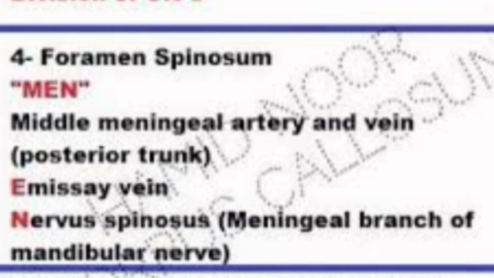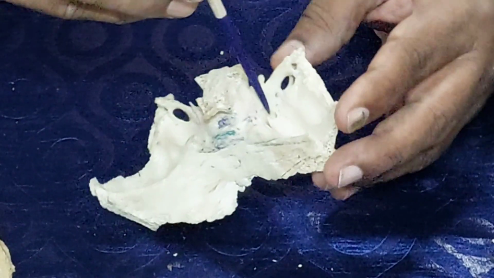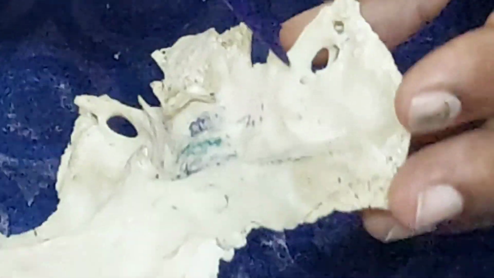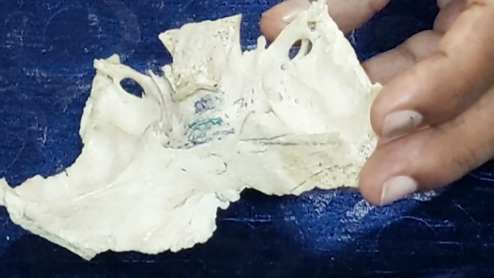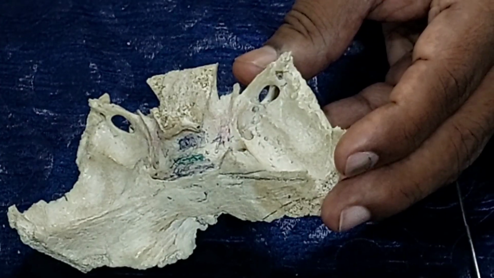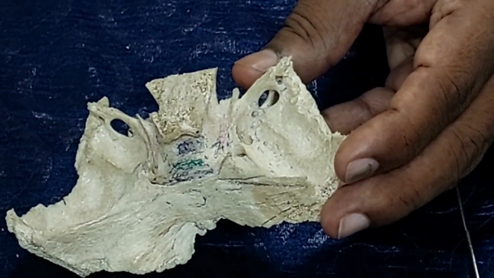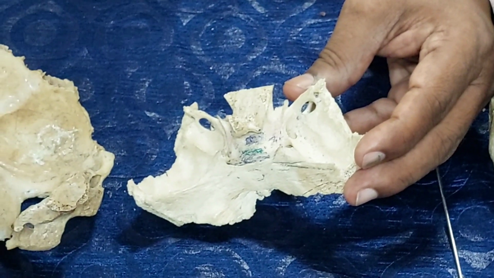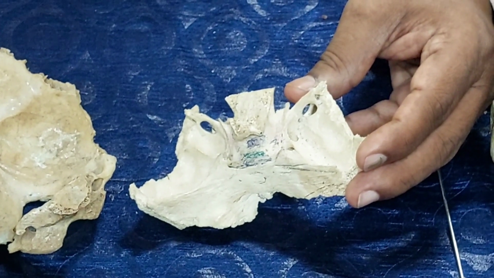And sometimes one foramen you can see here in between this foramen rotundum and foramen ovale. Here in this bone you can see this foramen. What is this foramen? This foramen is sometimes present but not always present, and if it is present, which structure passes through it?